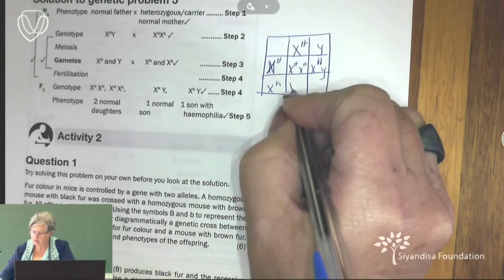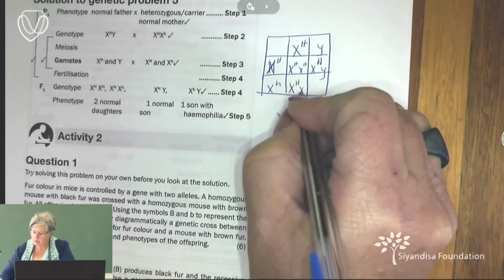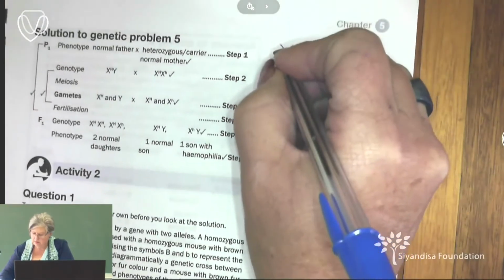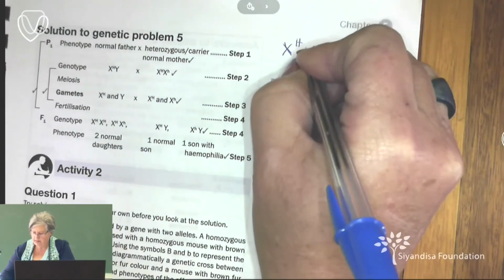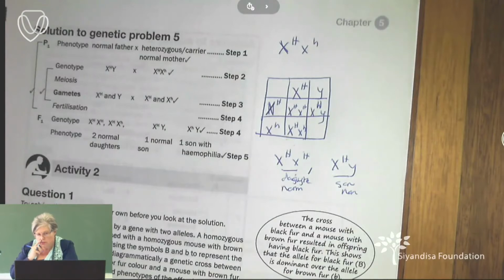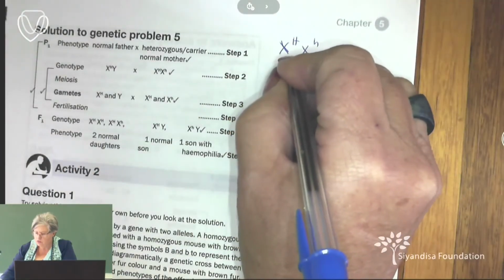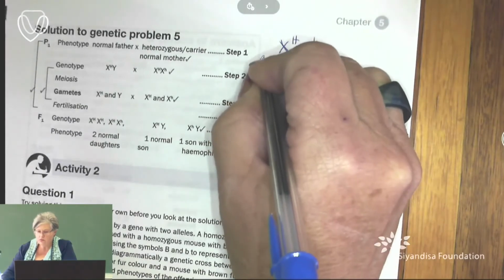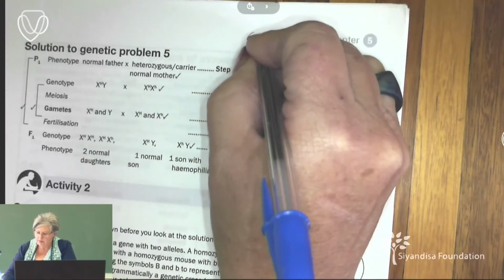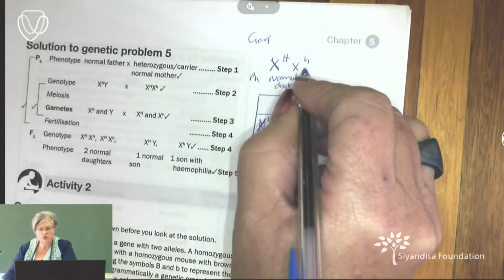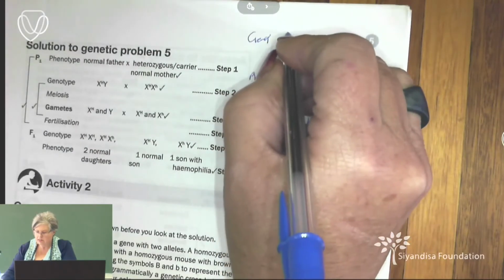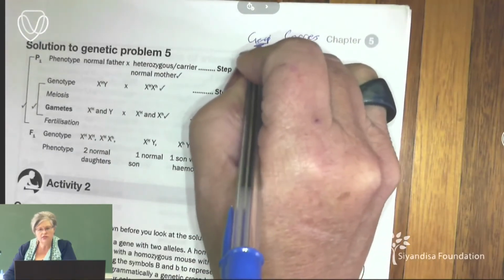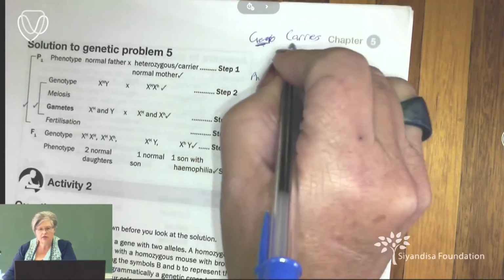This one looks like XH and Xh. How will the phenotype look? The phenotype will be a normal daughter. But how will the genotype look? In the genotype, it's not normal. She has an Xh, so she's known as a carrier. So the moment I ask you the genotype, it's a carrier.